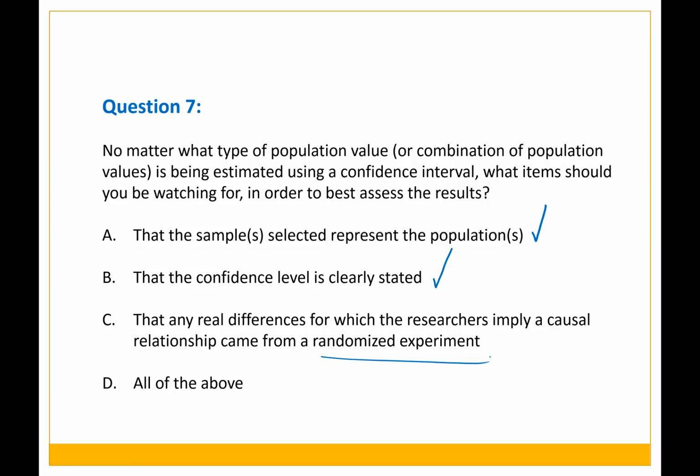Again, an observational study only allows us to make conclusions about association and not causal relation. A causal relationship can only be drawn from a randomized experiment because it allows us to have a control group and the application of treatment based on random assignment. And so the answer is D, all of the above are correct.